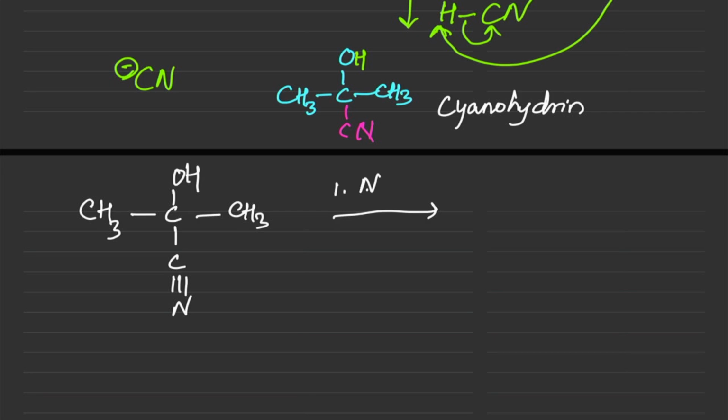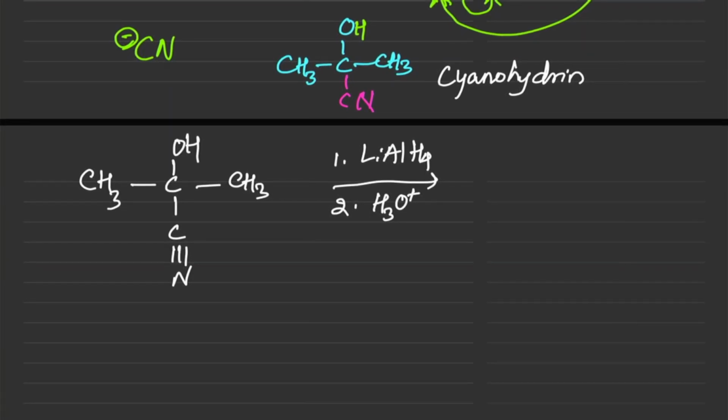So you can use lithium aluminum hydride with H3O plus. So, two-step reduction. This is something we will talk about in the next chapters. That basically reduces the CN bond. So how can we reduce the CN bond?